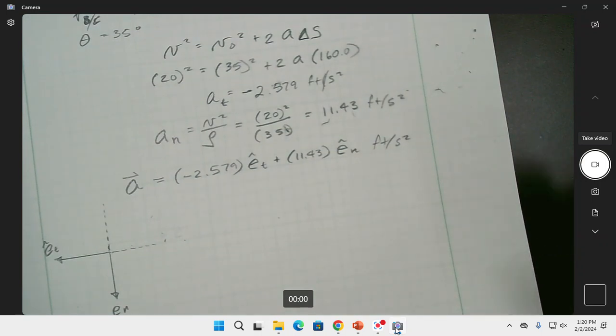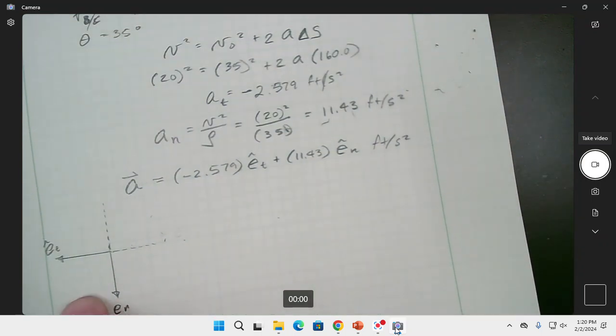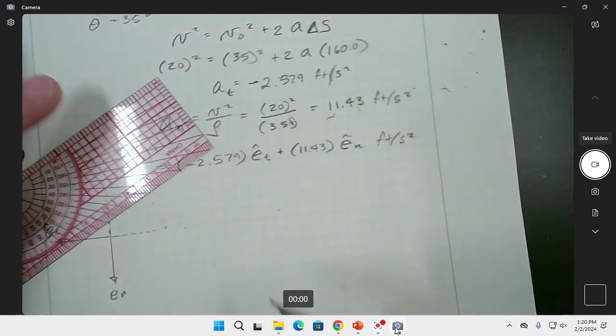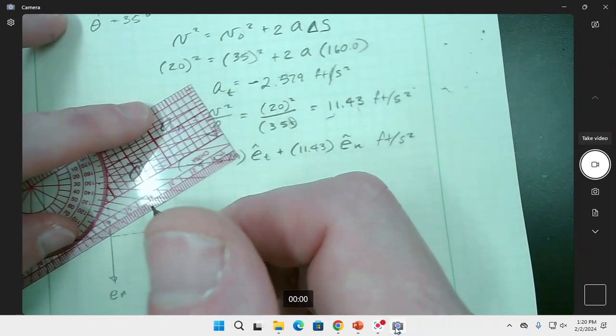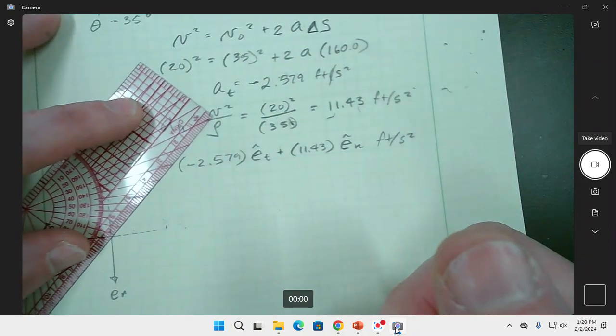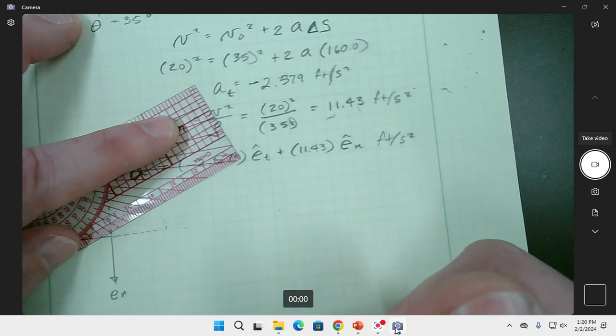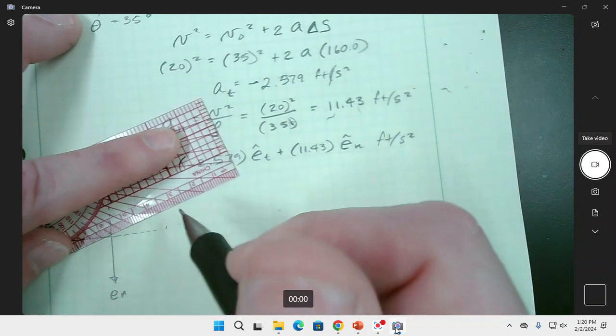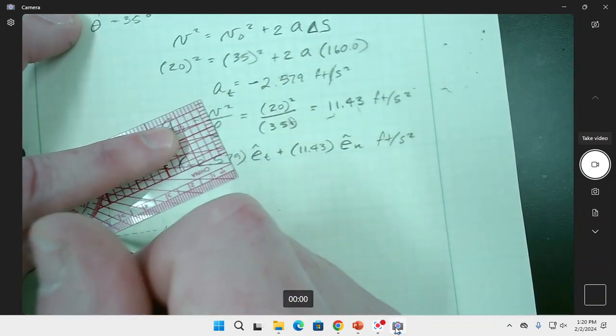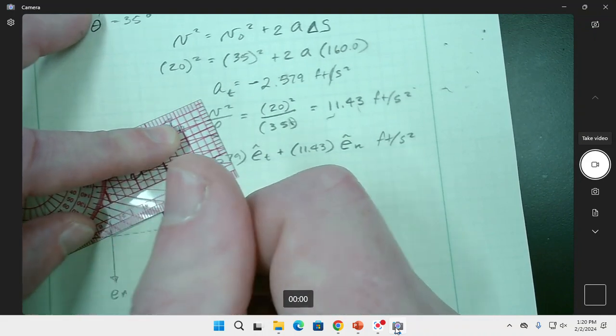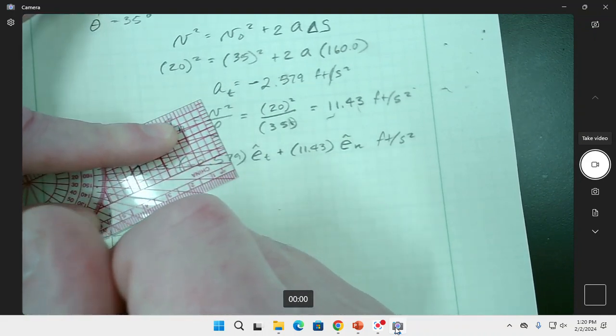All right, so that's our normal and tangential, and then we're going to superimpose. One thing I would mention: be careful of the 45 degrees. Avoid 45 degrees. We know that it's 35 degrees, but let's make it look even smaller than that. I like to extend the lines too.